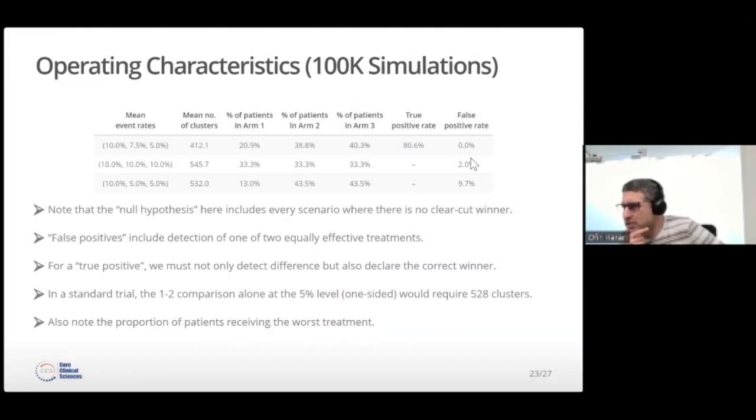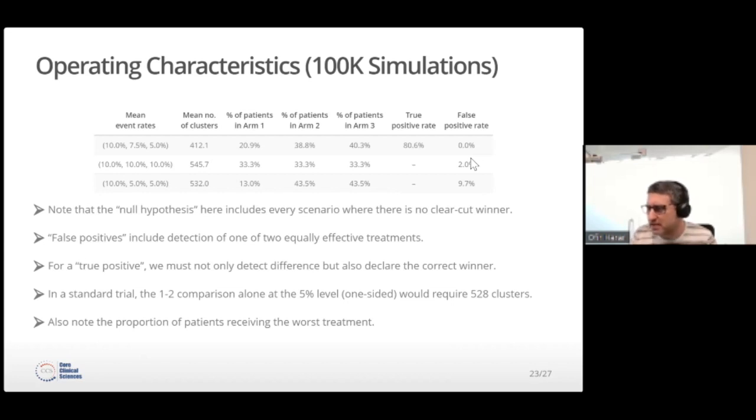And this is what happens once I run this same simulation 100,000 times. Now, this is a more complicated scenario because it's very difficult to define what constitutes a null hypothesis here. Is the null hypothesis, like in the typical ANOVA case, that everyone is equal? Or is the null hypothesis that there is no clear-cut winner among these three? If it is the first one, then you can look at the second line in this table and see that they have a false positive rate of 2%.